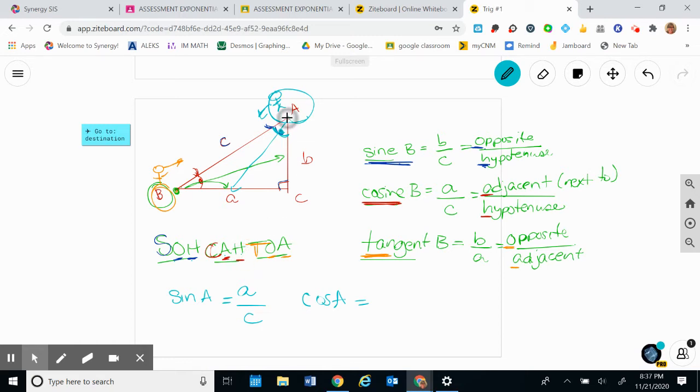So what's the adjacent when I'm standing at A? The adjacent is B. So the cosine of A is B over C. And then the tangent of A is equal to opposite over adjacent, A over B.